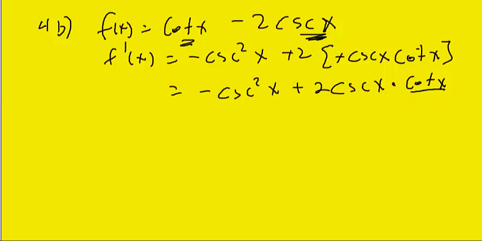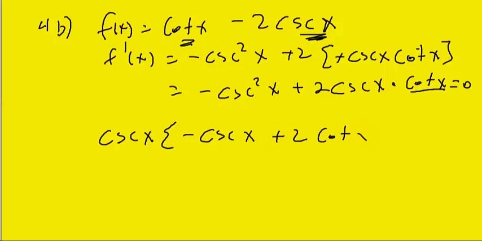So I gotta set that equal to 0. So I think I can factor out cosecant. I can factor out a cosecant. So let's factor out a cosecant, and that will leave me with negative cosecant of x plus 2 cotangent of x inside my brackets is equal to 0.